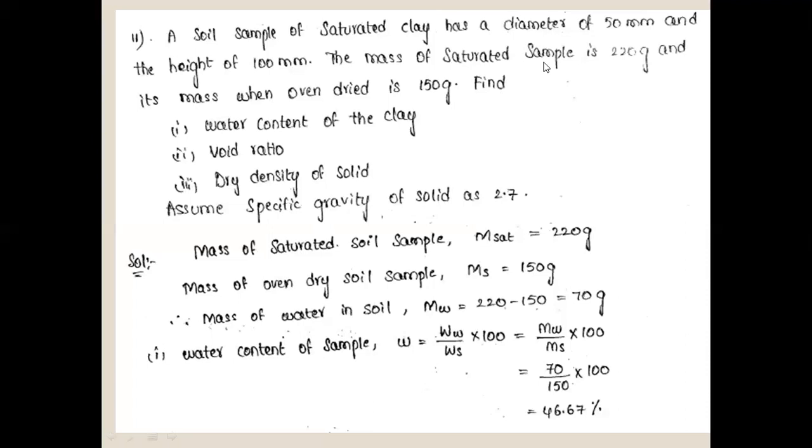Next, the mass of the oven dried soil sample, indicated as Ms, is equal to 150 grams.